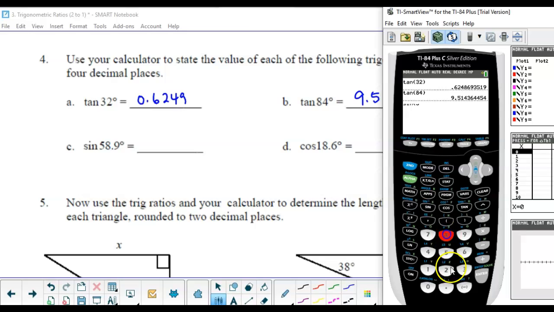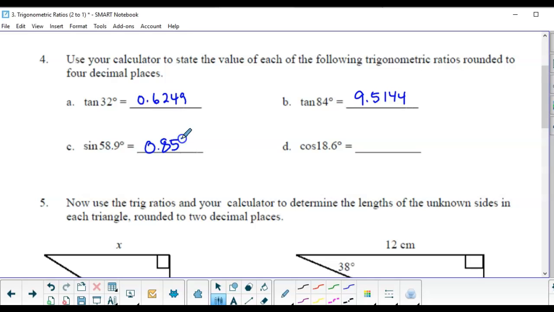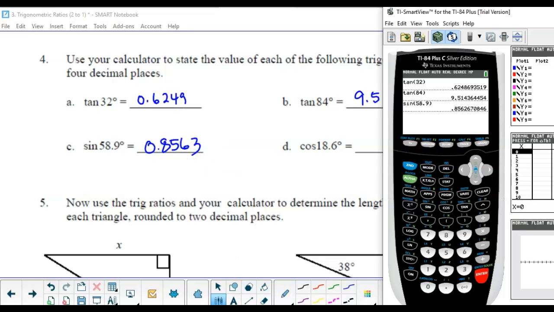Sine of 58.9 is 0.8563. And then cos of 18.6 is 0.9478.